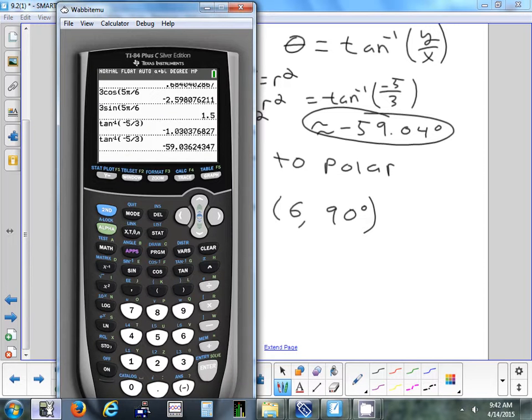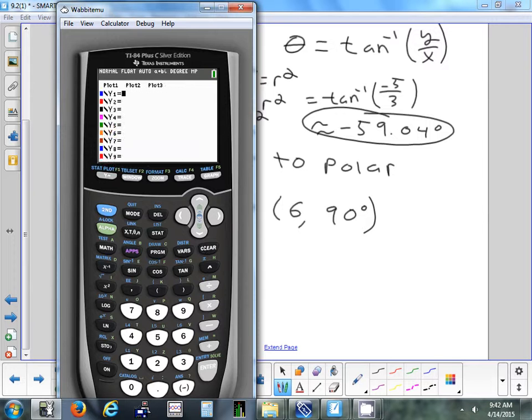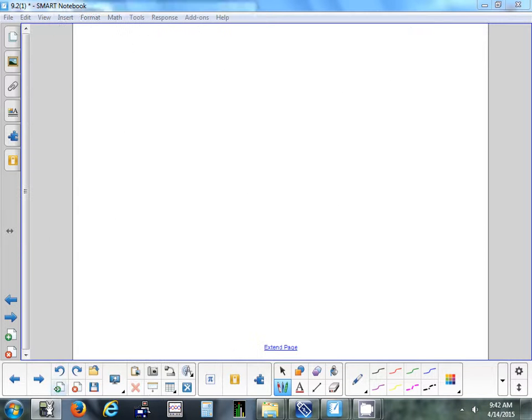All right, so we looked at the equation of a circle. Okay, it was x squared plus y squared equals r squared. Well, if you wanted to graph that, what letter has to be by itself for the graphing calculator? Yeah? Y. Yeah, you're going to get y by itself.